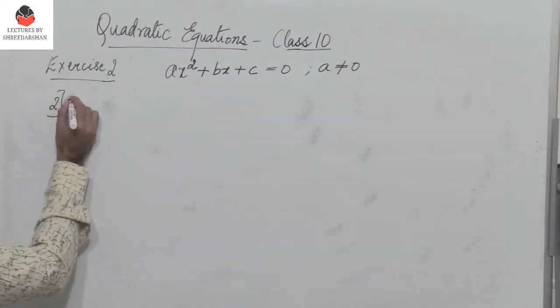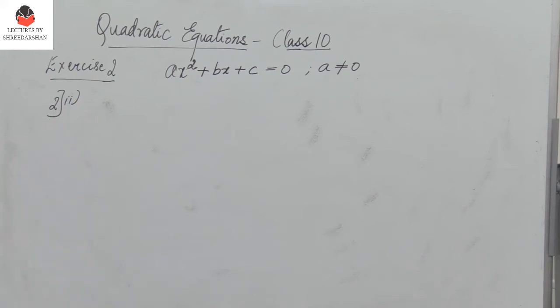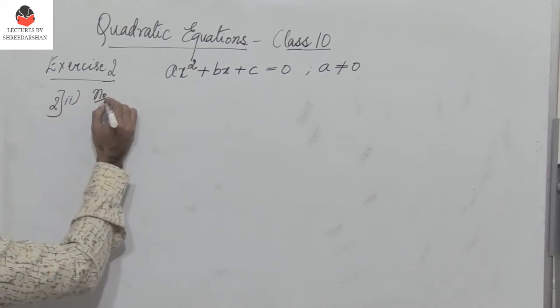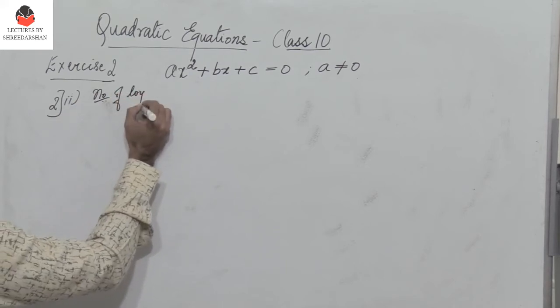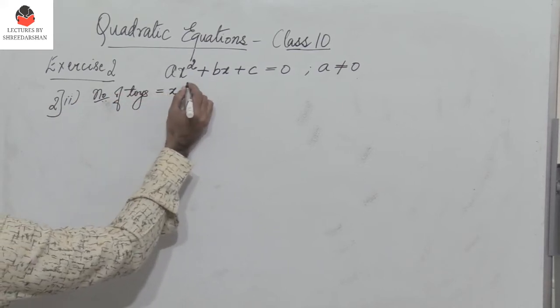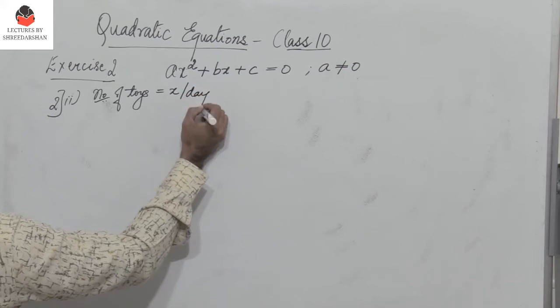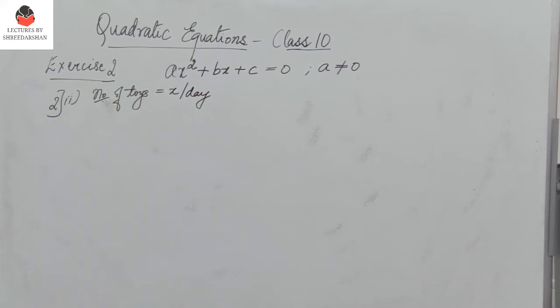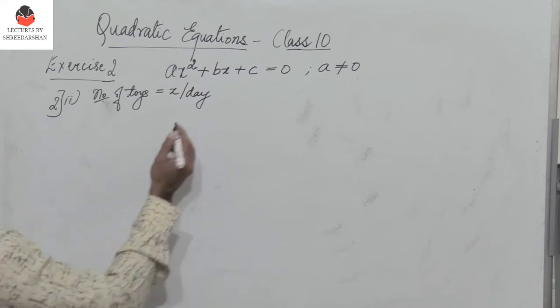The second problem: a cottage industry produces certain toys per day. So let the number of toys produced per day be x. So x toys per day are produced by the cottage industry, and the cost of production of each toy was 55 minus the number of toys produced. What is the cost of production of each toy?